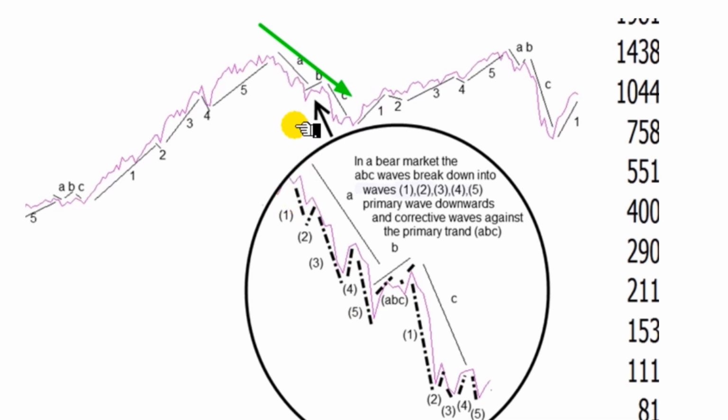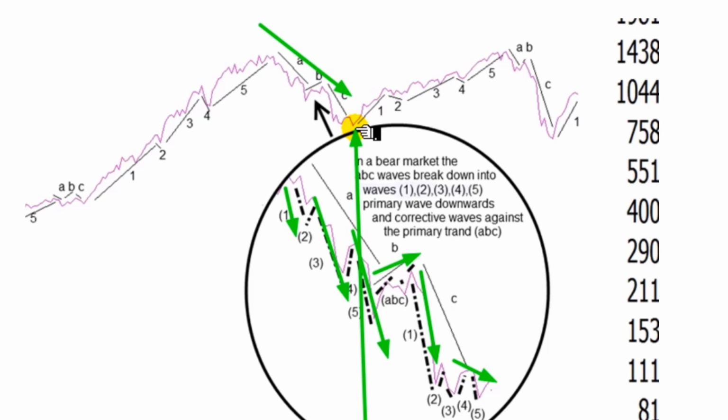So you can see the zoom in here, the 1, 2, 3, 4, 5, a small correction here, A, B, C, and then another impulse wave, 1, 2, 3, 4, 5, signaling the bottom of the 2003 bear market right here. Then we start a primary up move again.